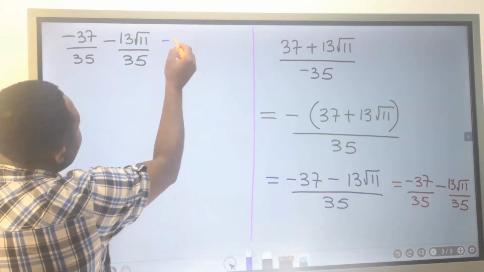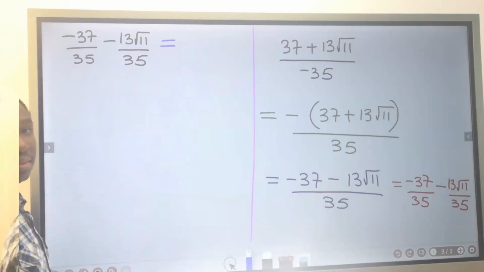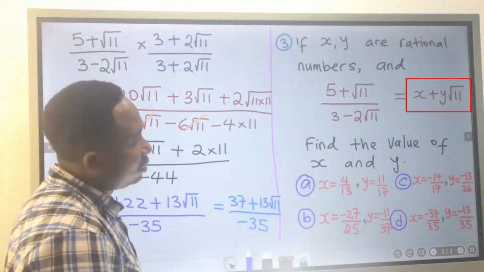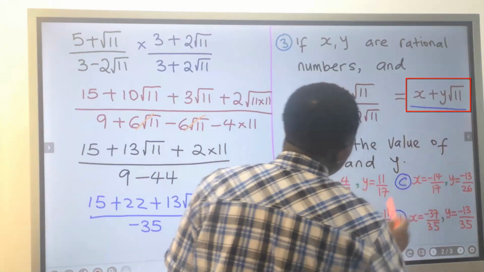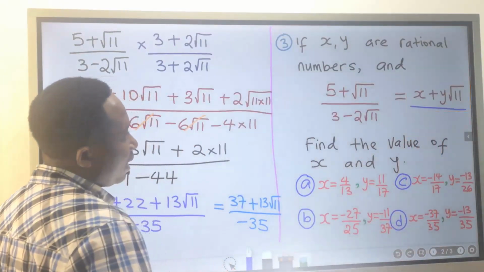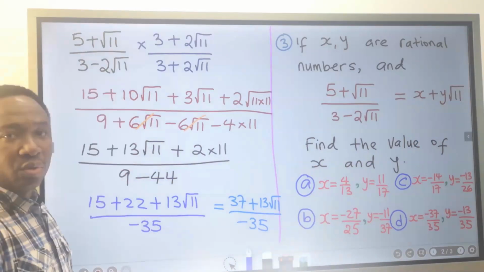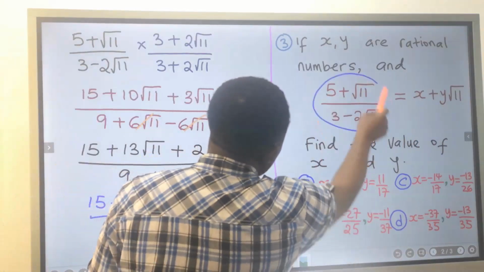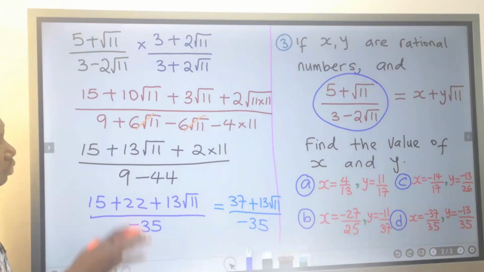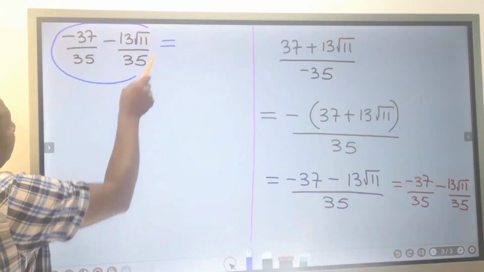Next, on the other side of the equal sign, from the question, we have x plus y multiplied by the square root of 11. We simplified the left side through all this process and we obtained this.